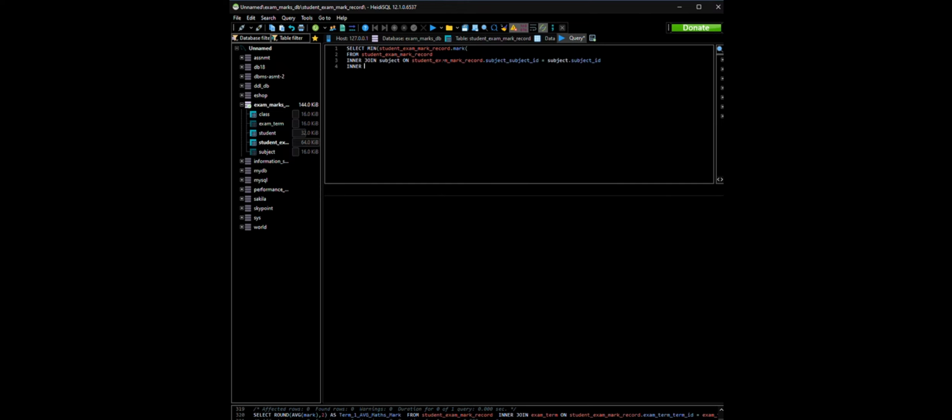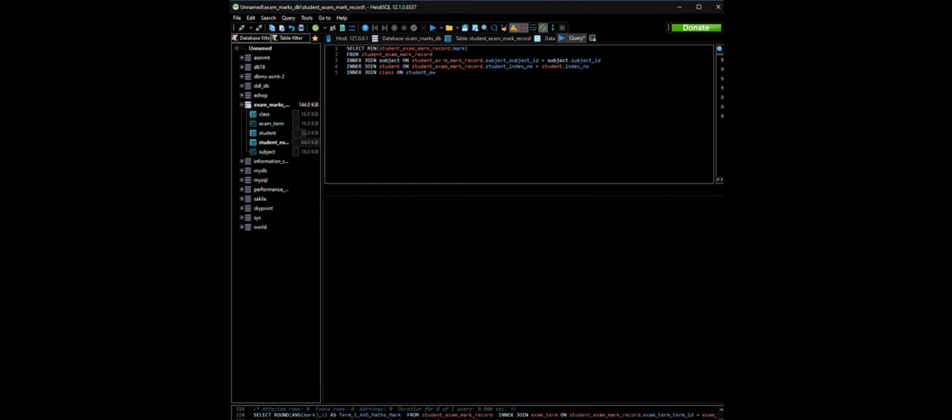Then we are going to join in next our student table, student on student exam mark record dot student index number is equal to student dot index number.